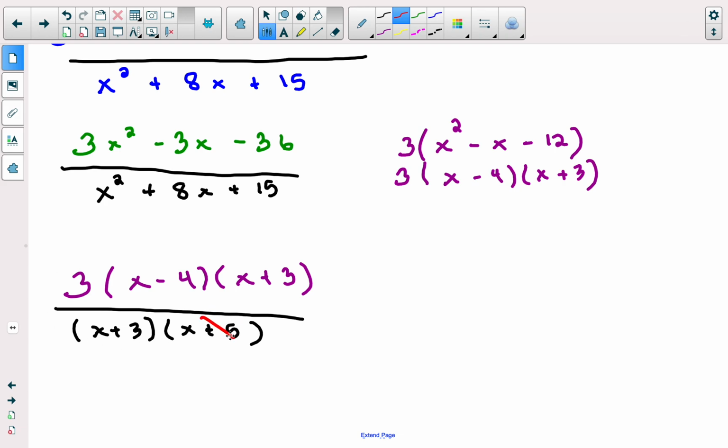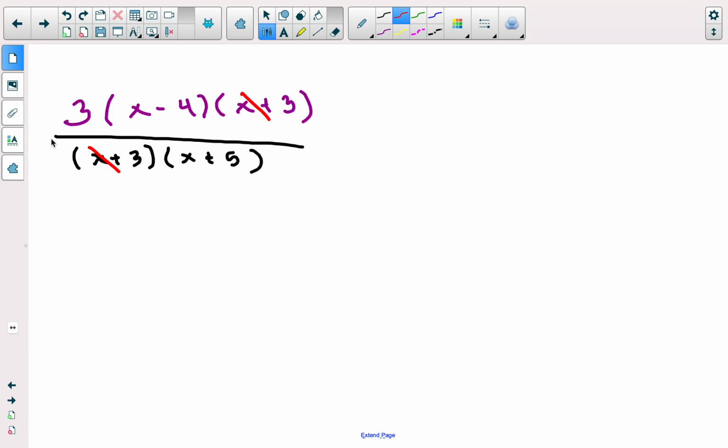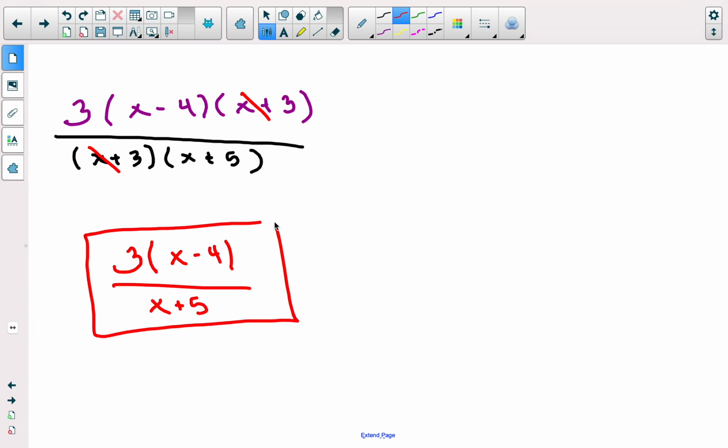So I see factors of x plus 3 in numerator and denominator, no other common factors here, so that's going to allow me to write this as a simplified expression. 3 times the quantity x minus 4 divided by x plus 5 here. And this is our simplified expression.